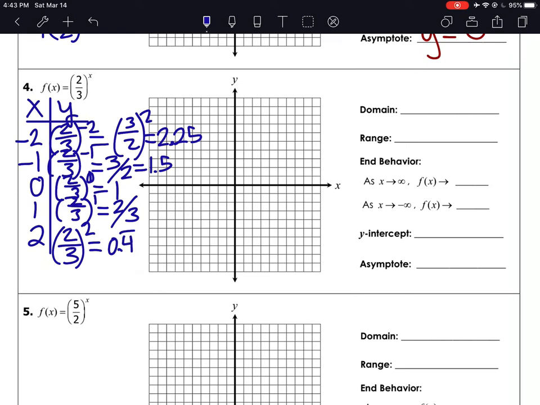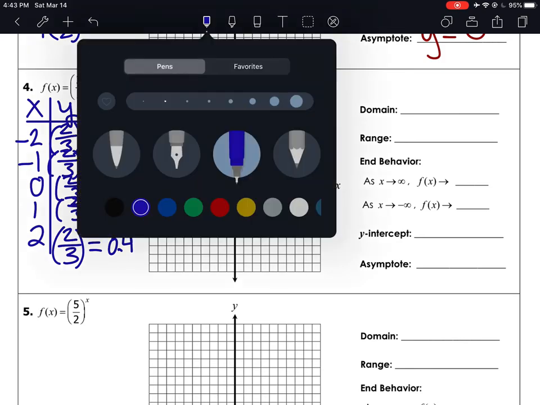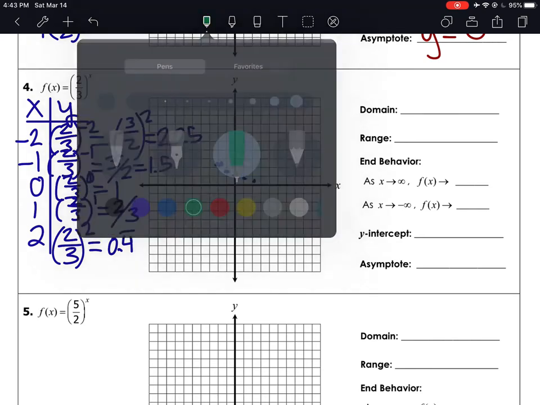So these are the values we're going to plug in. -2, 2.25. -1, 1.5. 0, 1. 1, 2/3. And 2, 0.4. Not my best graph, but you can still see the curve.